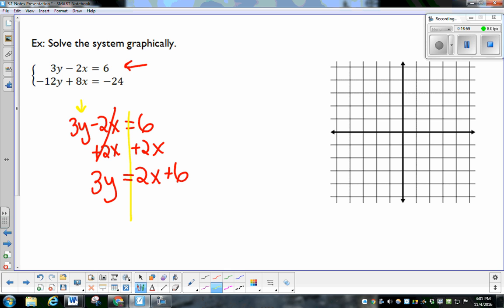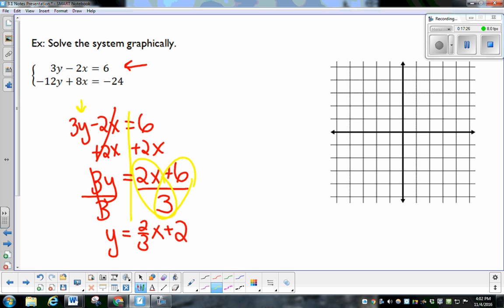I just like to write the x term first because that's how we write it in y equals mx plus b. Then I just need to divide by 3. We're going to have to do the heart method on the right side. So we are left with y equals 2x over 3, or you can write that as 2/3 x plus 6 over 3, which is 2.